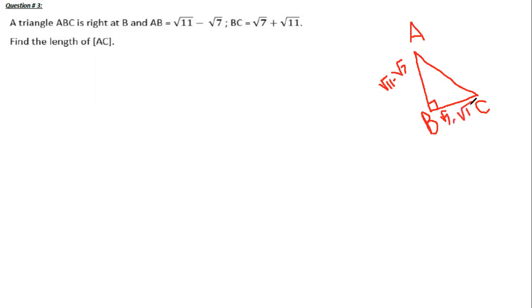So we are given the length of two sides. We still have a missing side, which we should calculate, which is side AC.